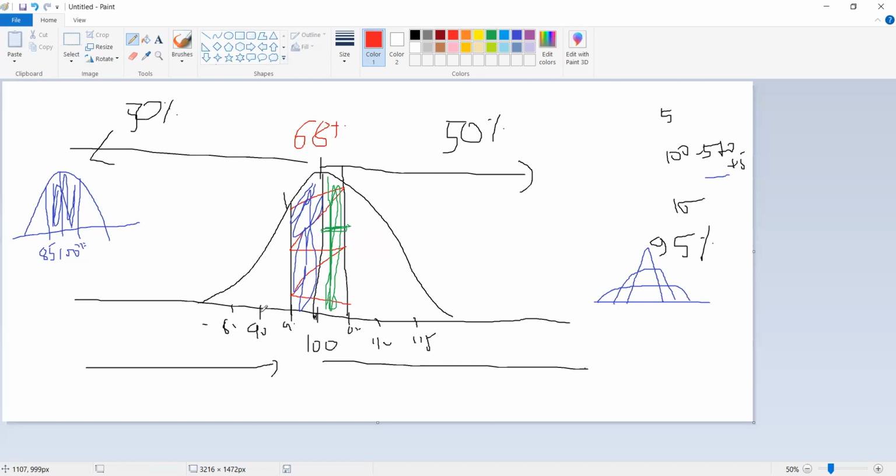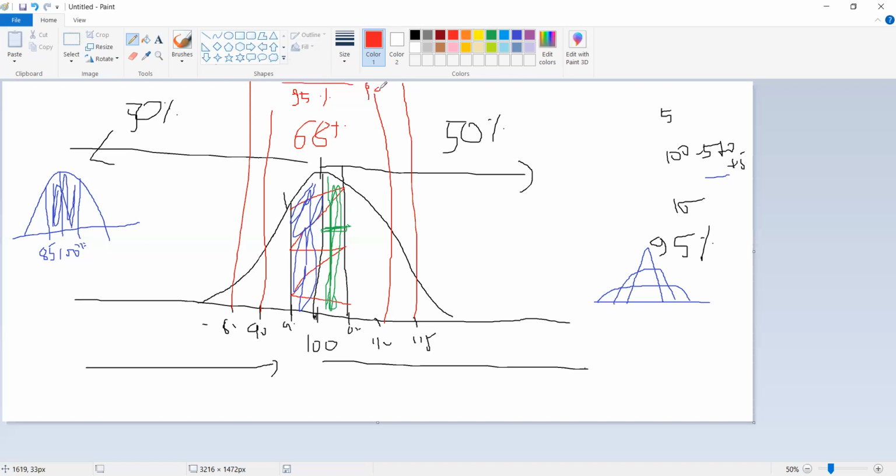Now when you take 2 sigma, this is 95%. 2 sigma is 95%. What would be the value here? That means 100 minus 2 times the standard deviation and 100 plus 2 times the standard deviation. That means it is 90 to 110. 90 to 110 is 95%. And 3 sigma is 99%. So with 3 sigma, 99% of data is covered.